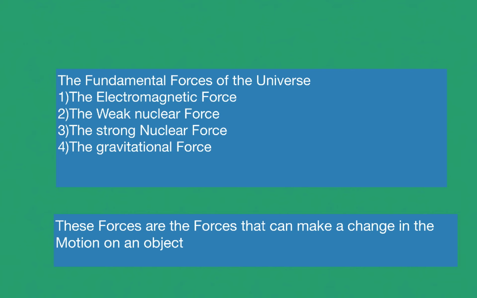What this means is that whatever you see in the lab, in your reality, is because one of these forces is acting. There is no other type of force that we have detected that we need to explain what is happening. There doesn't exist the force of love.